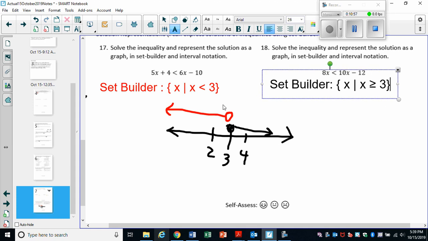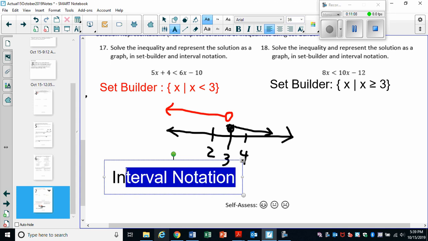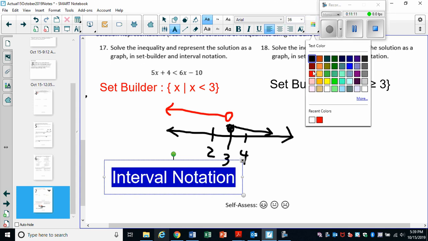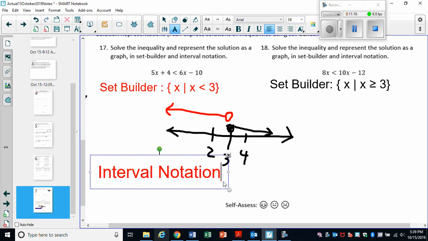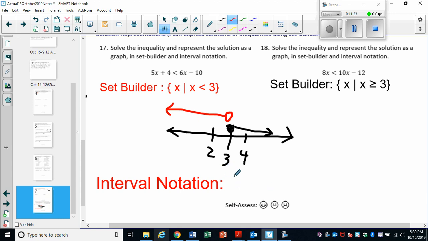Now, for your interval notation, in the case of the first problem, with the red, since your arrow is going to the left, you're going to have negative infinity.